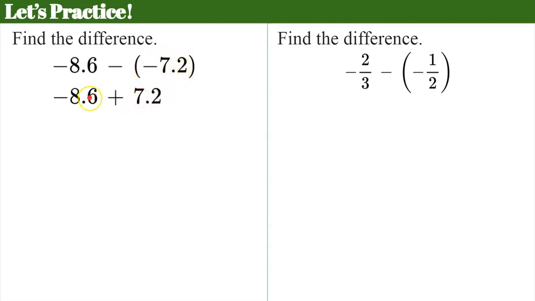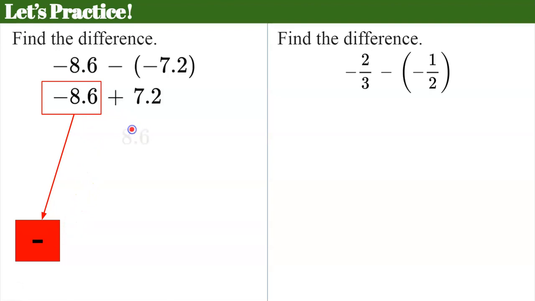So I have now just to go back to my integer rules or my adding rules, and we're going to do the same thing that we learned in the previous video for adding rational numbers, which is identical to adding integers as well. So I have two different signs. The absolute value of negative 8.6 is larger than the absolute value of 7.2. So that tells me that my difference is going to be negative.